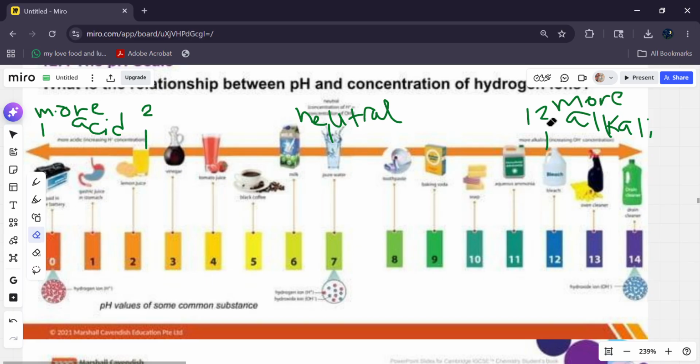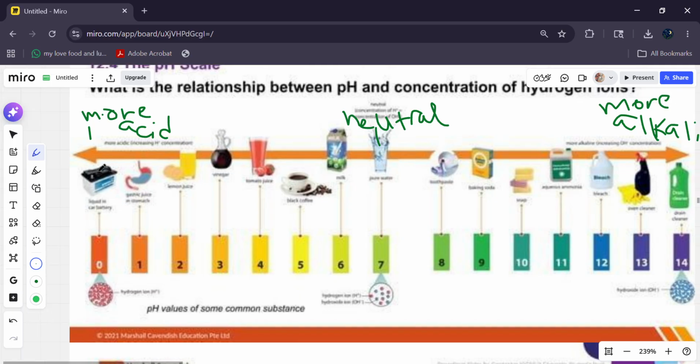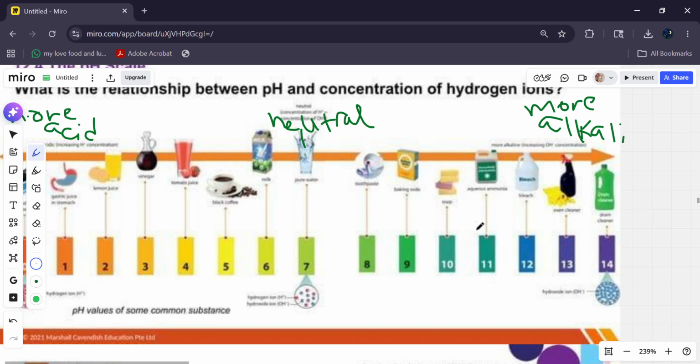Now, the lesser the number the solution has, the more acidic it becomes, with 0 being the most acidic. While the higher the number, the more alkaline it is, with 14 being the most alkaline.